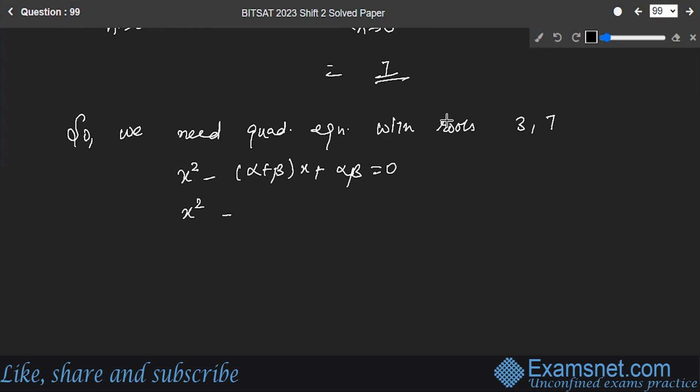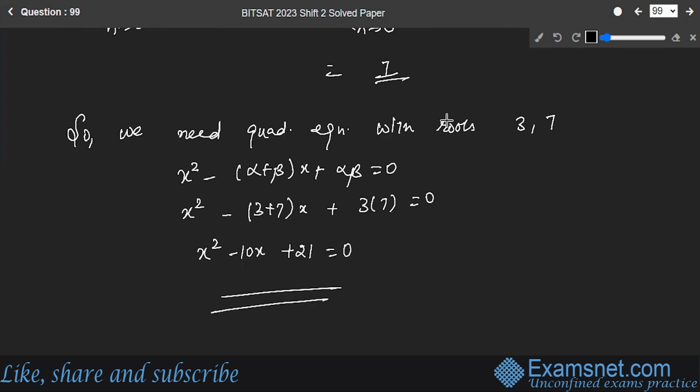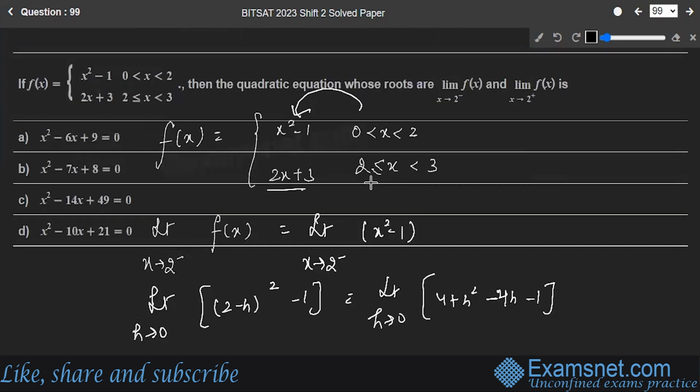So here you have x squared minus (3 plus 7) x plus 3 into 7 equal to 0, or x squared minus 10x plus 21 is equal to 0. This is the quadratic equation, and here you have option D as the right answer.